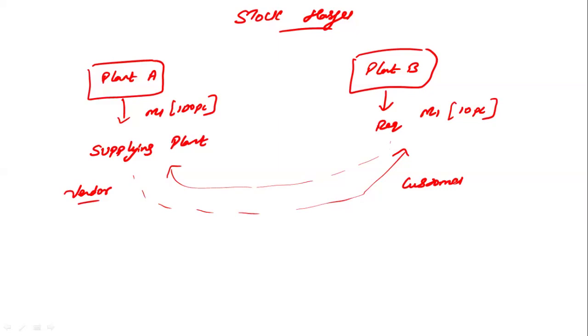Whoever is requiring the material, whoever is requesting the material, is called the customer. Whoever is sending the material is called the vendor. Okay, we can also call this a receiving plant. Okay, so this process where plant B is placing an order to plant A. So now this transaction from plant A to plant B for material M1 is called the stock transfer.